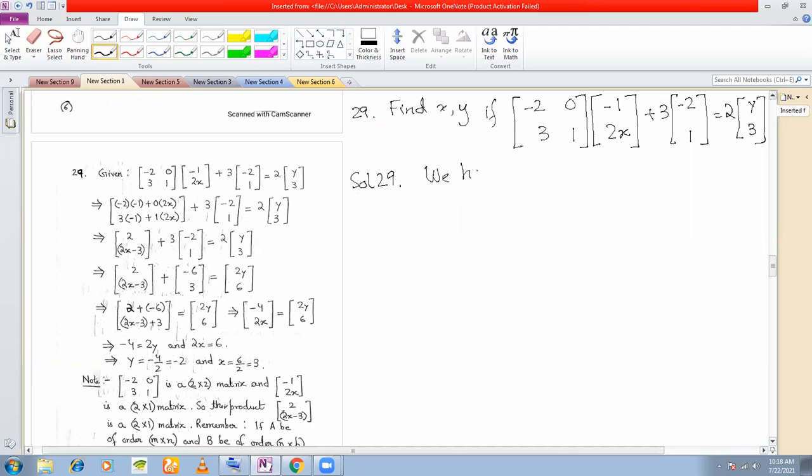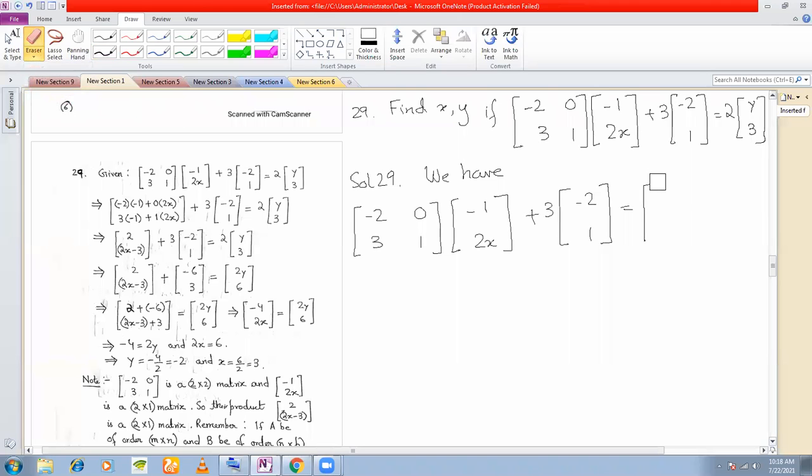So we start with this equation. So we have [[-2, 0], [3, 1]] into [[-1], [2x]] plus [[-2], [1]] is equal to twice of [[y], [3]]. Multiply these two matrices. How will you multiply these two matrices? First row, first column. You have only one column in the second matrix.